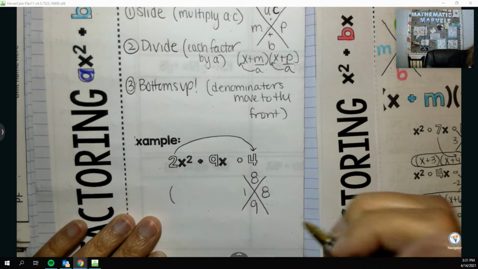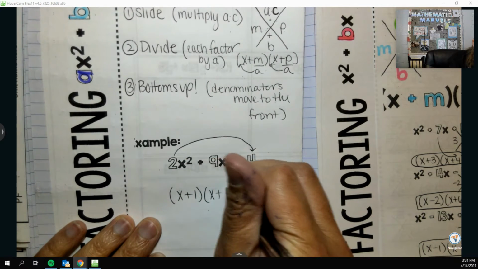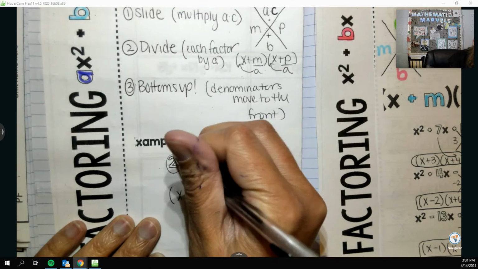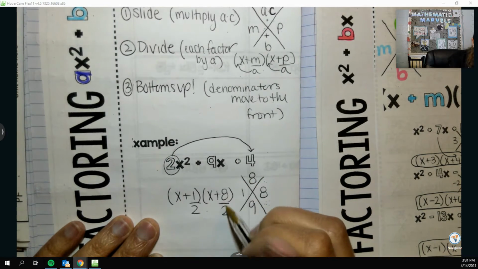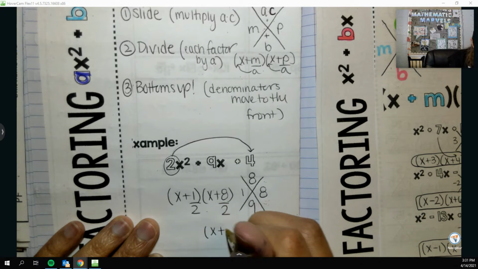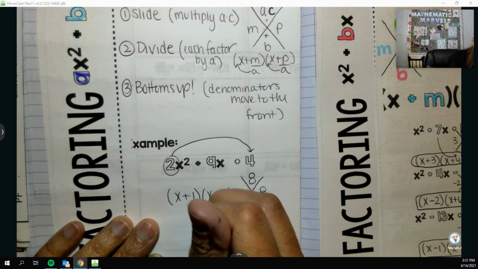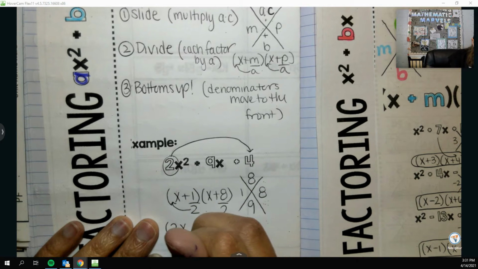So we'll write it out like the other day, x plus 1, x plus 8. But because I slid over the 2, I have to divide the 2 out. And if I can divide, I will, like 8 divided by 2 is 4. But if not, bottoms up. And so that 2 comes to the front, and you get 2x plus 1.